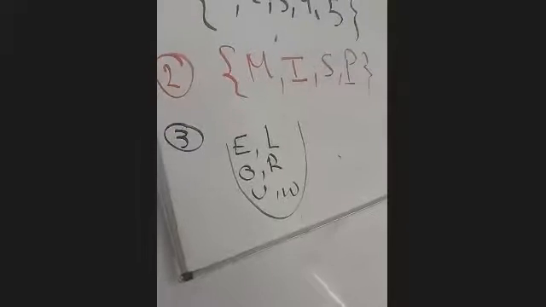Continue question 1. A card is drawn, and we want the probability of drawing a card that has a vowel. So we want P of what? Vowel, right? You know the vowels in English, right?